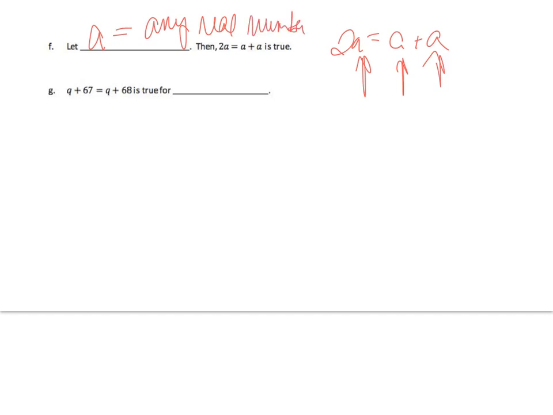All right, q plus 67 equals q plus 68. Nothing. That's not true. Okay, it doesn't work. So it's a false statement. Awesome, good job. You're all done. Okay, good work.